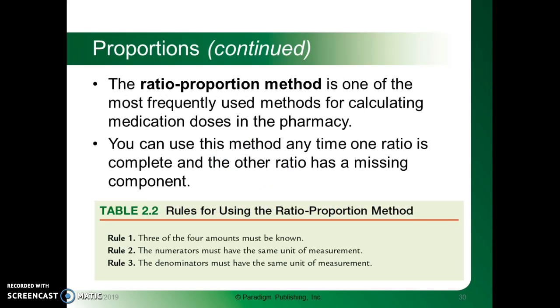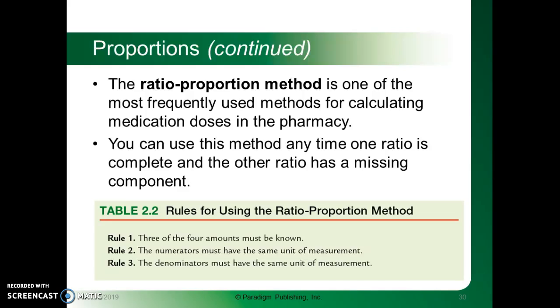The ratio proportion method is one of the most frequently used methods for calculating medication dosage in pharmacy. This method is the one that we will use most, and basically we'll use ratios and proportions whenever we're trying to find a conversion.